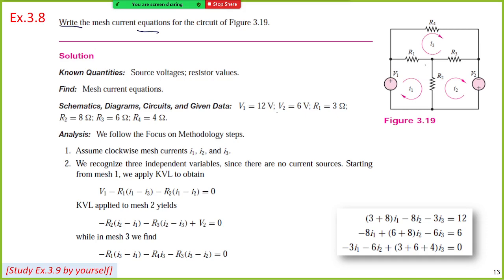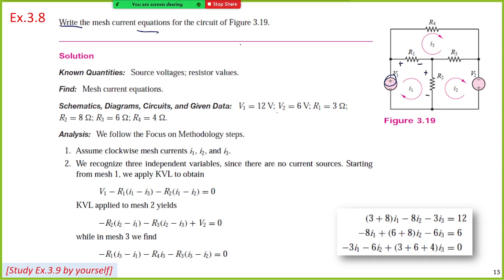We have three meshes for this circuit: I1, I2, I3. What is the KVL for mesh 1? This one would be V1. If I write down the equation, I will do it like this. V1, and with the current I1 flowing in the I1 direction, it would be plus minus here, and plus minus here.